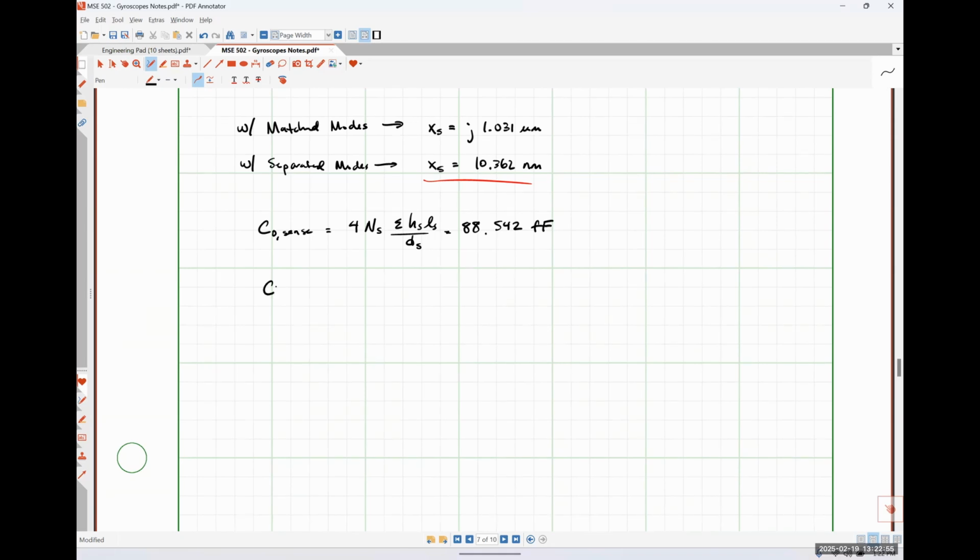When our device is actually experiencing vibrations, right, we are going to have two systems where we would have NS epsilon naught HS LS times 1 over ds plus XS plus 1 over ds minus XS, right?